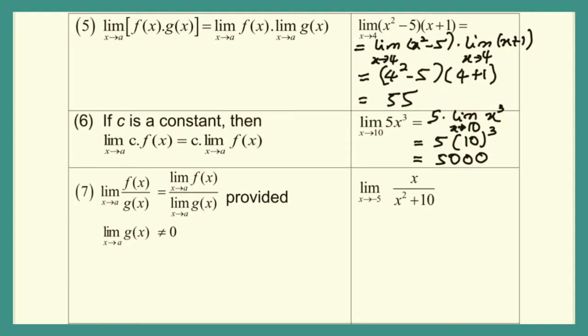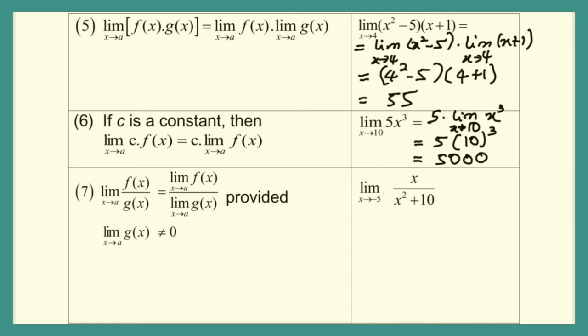Property number 7. Limit of f(x) over g(x) as x approaches a is equal to limit of f(x) as x approaches a over limit of g(x) as x approaches a, provided that the limit of g(x) as x approaches a is not equal to 0.